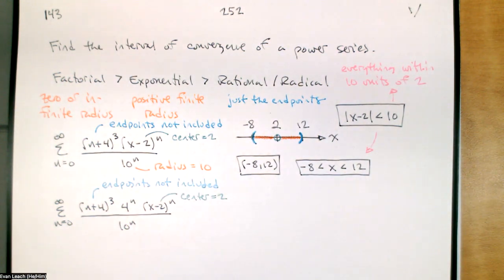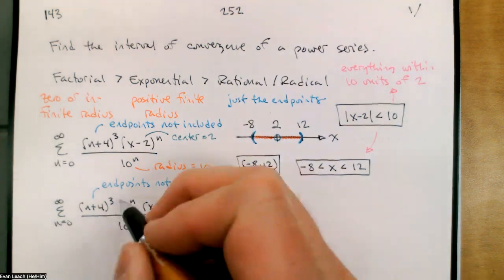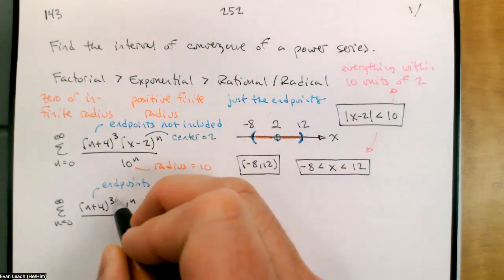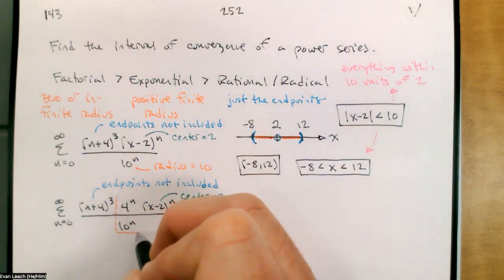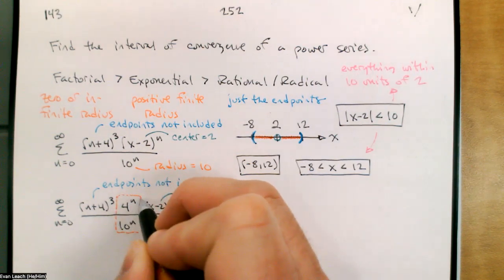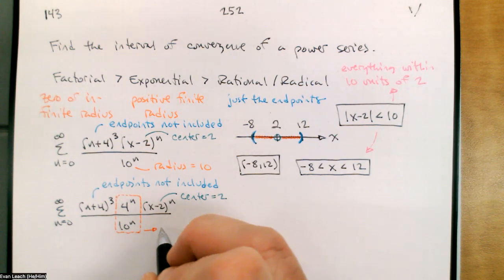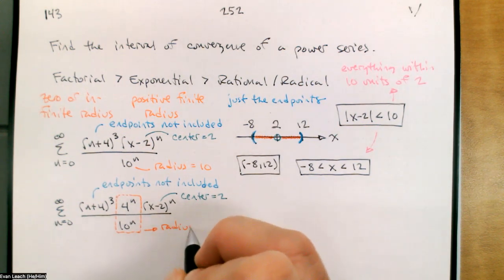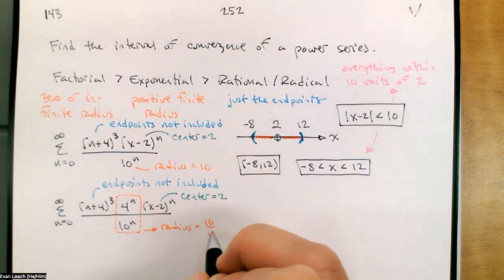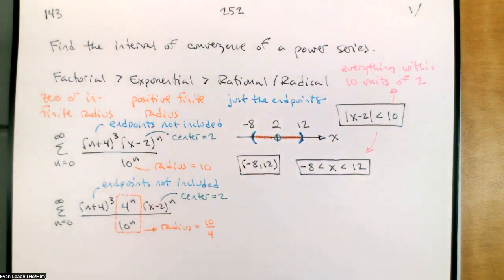We also have a 4 to the n in the numerator. So our radius is going to be 10 over 4. So we're going to look at all the exponential stuff. All the constant exponential stuff, and say that our radius will be 10 over 4. 10 from the denominator, 4 from the numerator.